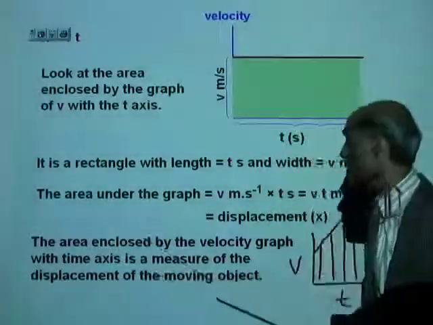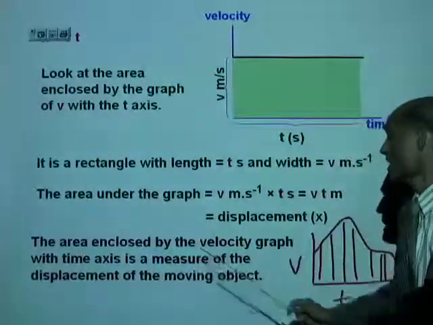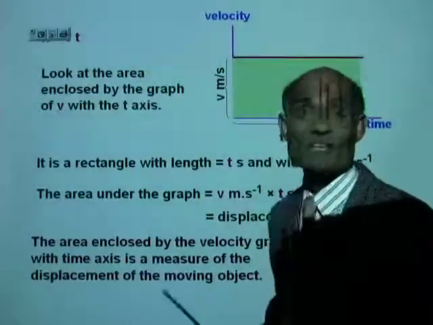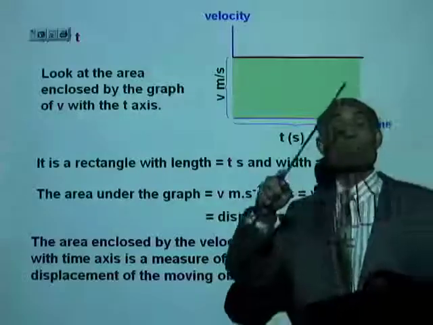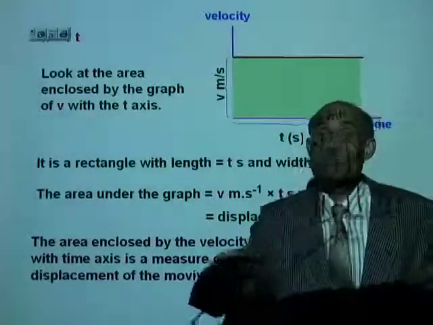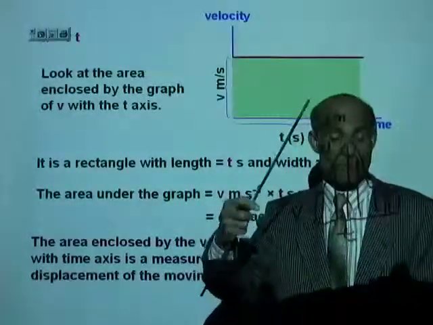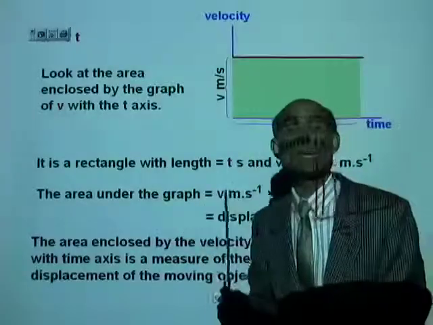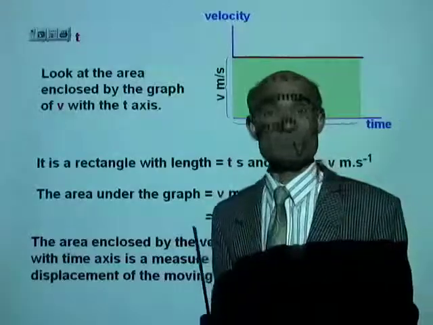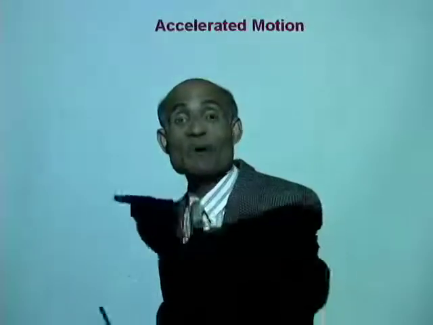So if I give you a velocity against time graph, and if I ask you to find the displacement of the object, all you need to do is measure the area enclosed by the velocity graph with the time axis. All right. We will now talk about accelerated motion.